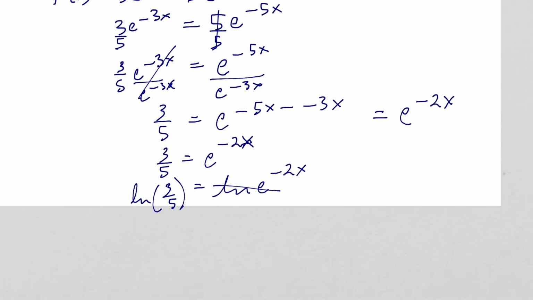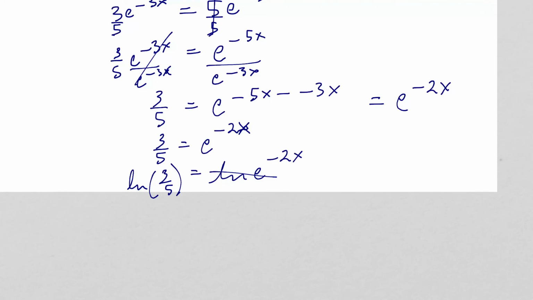So that undoes the e. Then x must be equal to the natural log of 3/5 divided by negative 2. That's going to be a decimal number. If I type that into my calculator, I get a critical value of 0.2554.